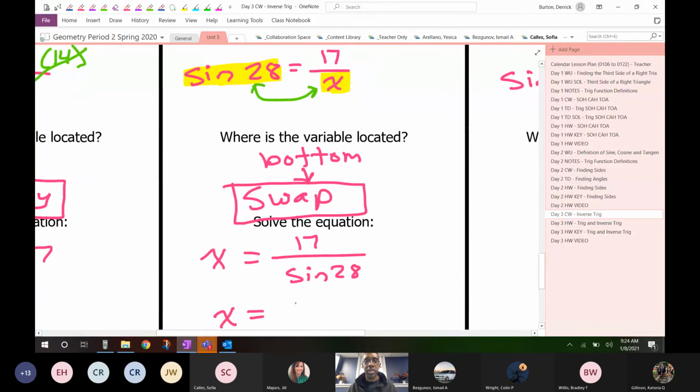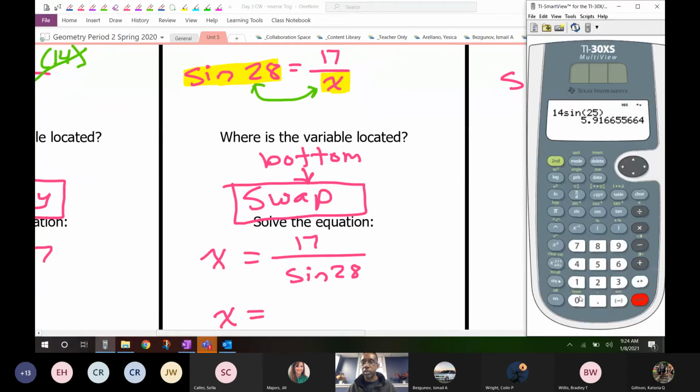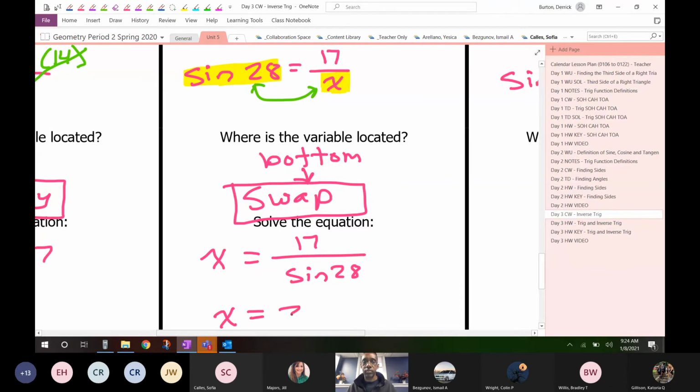All right, that is what we mean by swap. So 17 over sine 28 is 36.211. Okay, variable in the bottom, that's how you handle it.